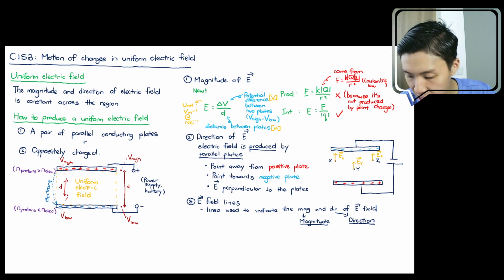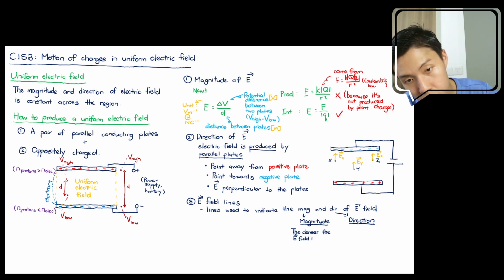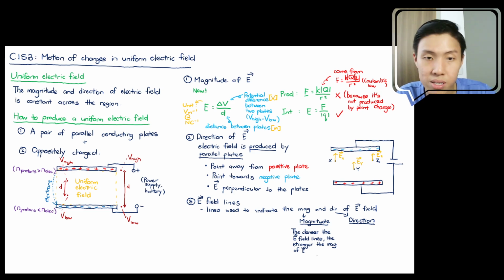So you can say, the denser the electric field lines, the stronger the electric field, the magnitude of electric field. Okay, so this is the idea.